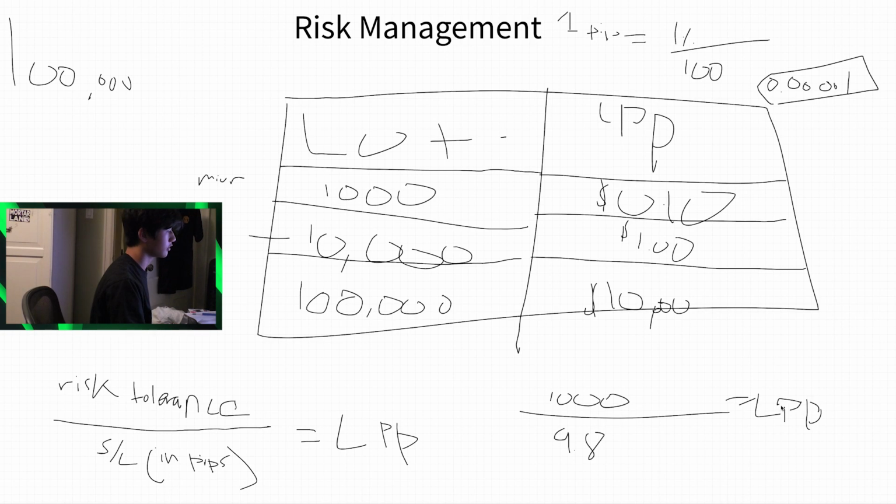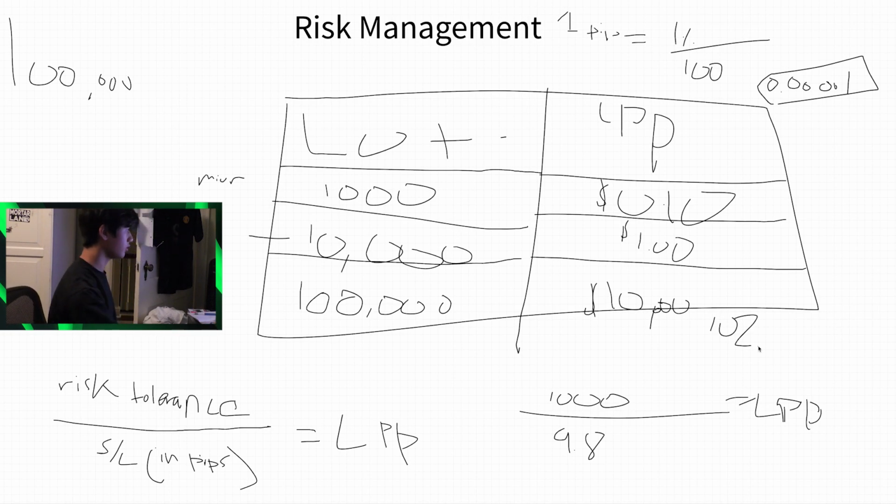Sorry guys, the drawing. So, got my boy's calculator here. 1,000 divided by 9.8. Okay, that gives us 102. So our loss per pip is 102.